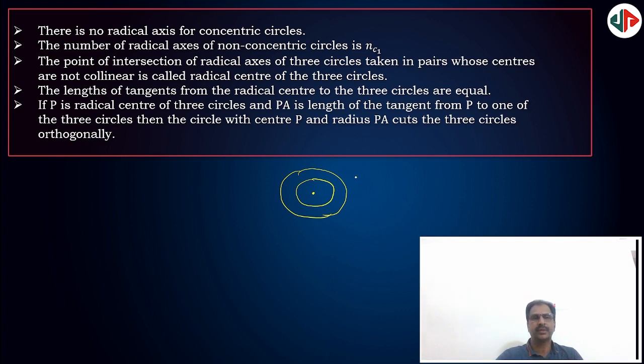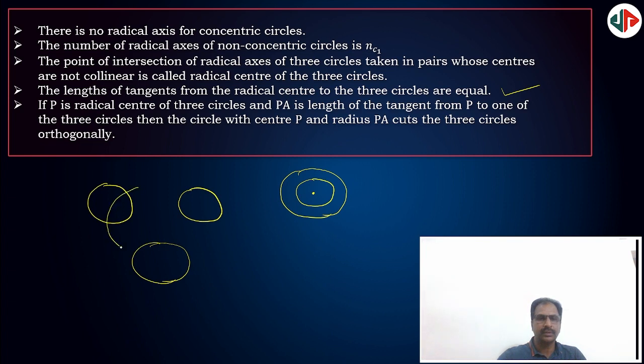These are the points already discussed. The lengths of the tangents drawn from the radical center to the three circles are equal. Now, if there are three circles like this, the circle which cuts three circles orthogonally, the center of that circle is nothing but the radical center of the given circles.